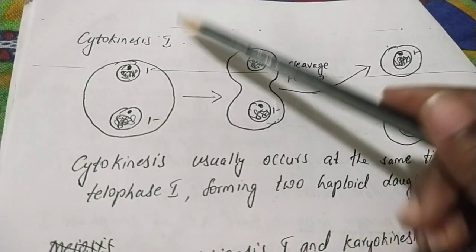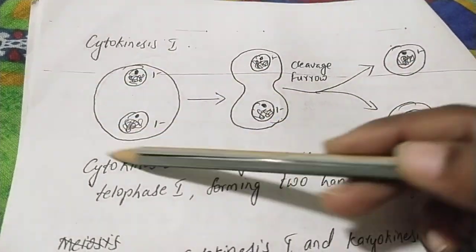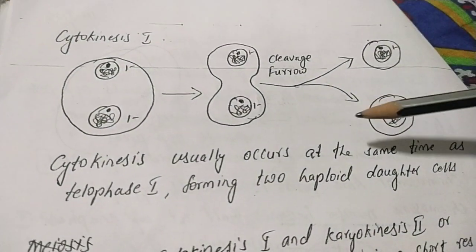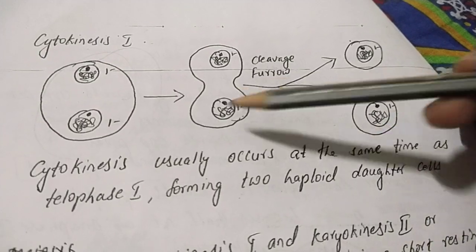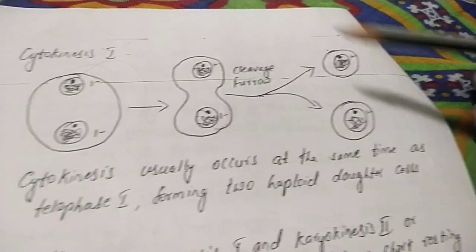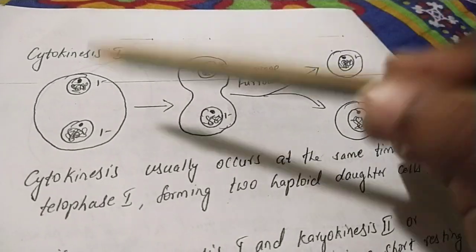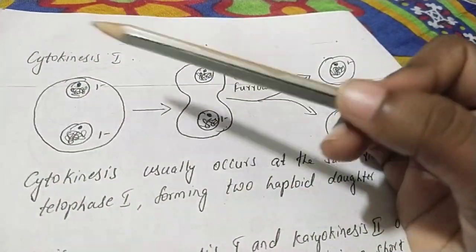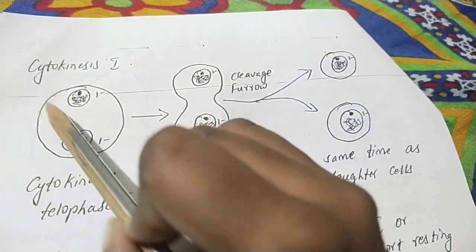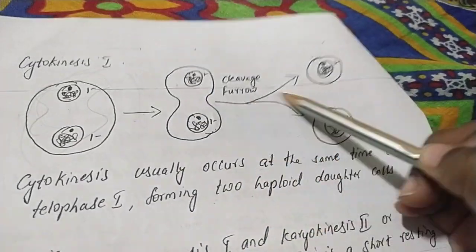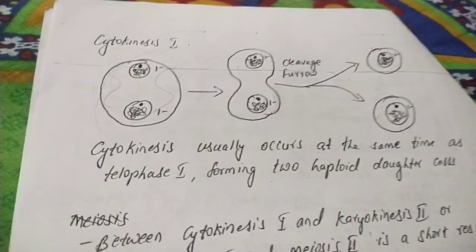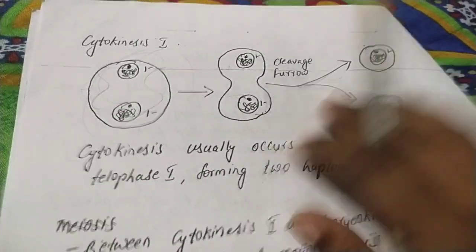Last, cytokinesis 1. It usually occurs at the same time as telophase 1, forming two haploid daughter cells. See how it is separated into two daughter cells. That's the end of cytokinesis and meiosis 1.